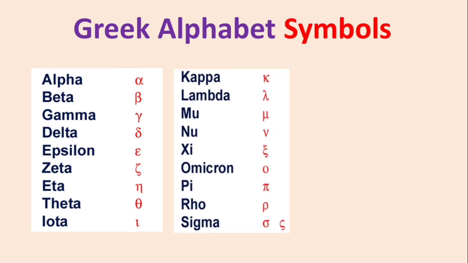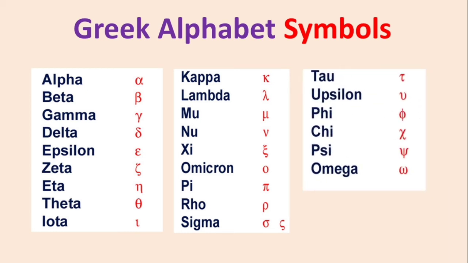Then after that, first symbol in second list is kappa, then lambda, then mu, then nu. Then after that, psi, omicron, pi, rho and sigma. Then after that, in third list we have tau, epsilon, phi, chi, psi and omega.